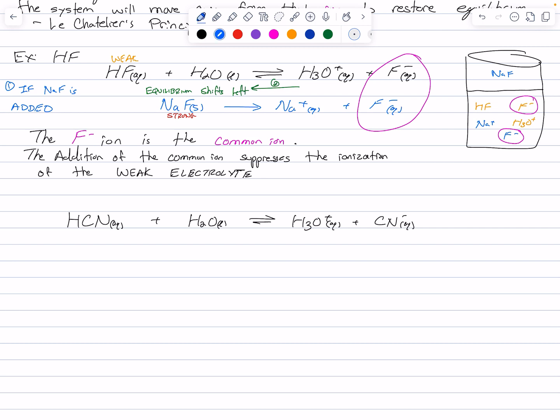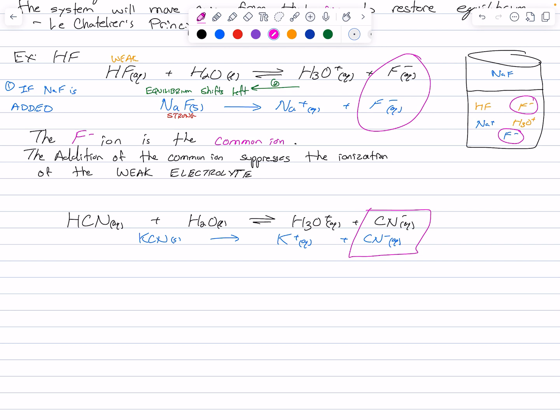And then you could add potassium cyanide, and you have your common ion here. Well, which one's weak? Potassium cyanide is a strong electrolyte, it's going to separate until it reaches its solubility limit, where the weak acid will be suppressed.